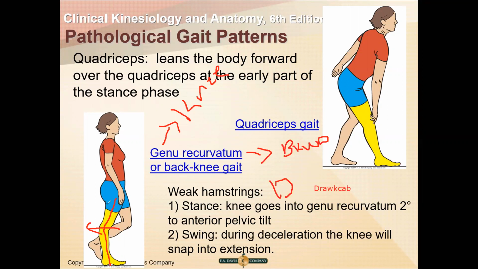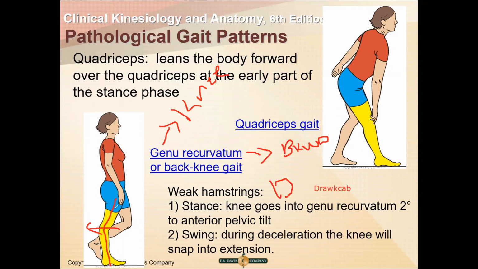So it can be caused by a weak hamstring not being able to keep the knee a little bit flexed, right? Or if it's a weak hamstring, what's going to be tight? Quads. Could be a really tight quad forcing that knee into extension, right?